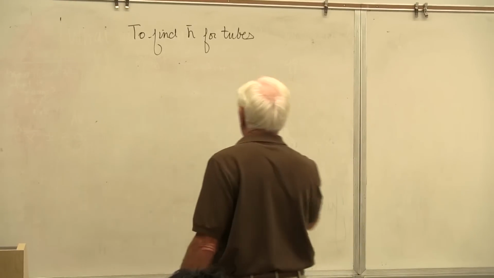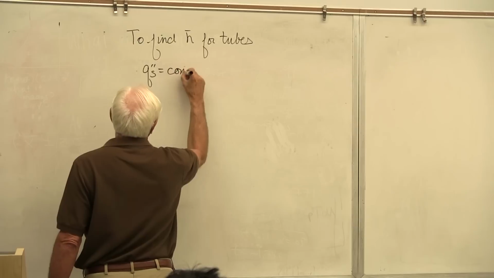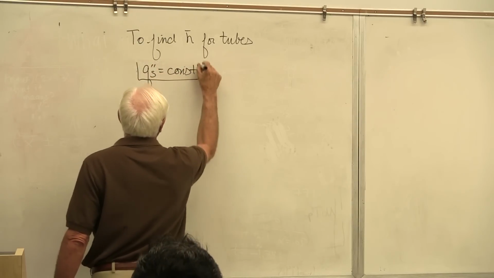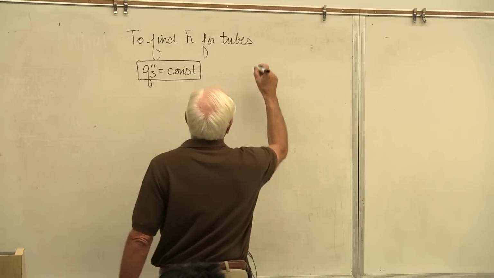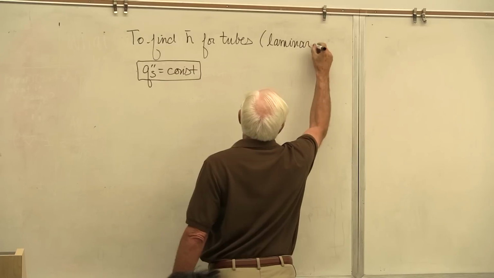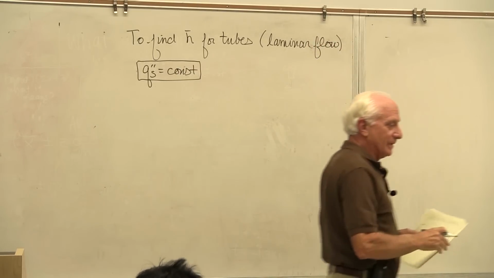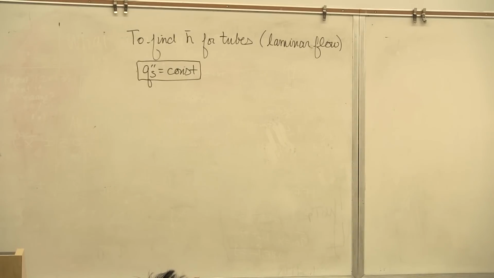Qs double prime equal constant. This is all for laminar flow, Reynolds number based on diameter less than 2,300.